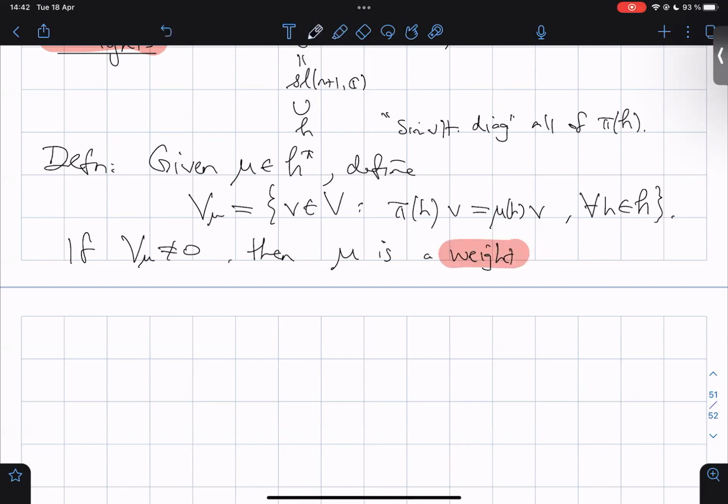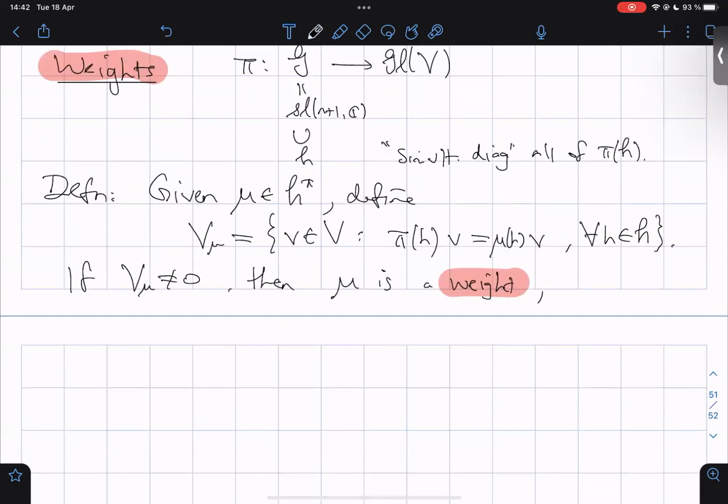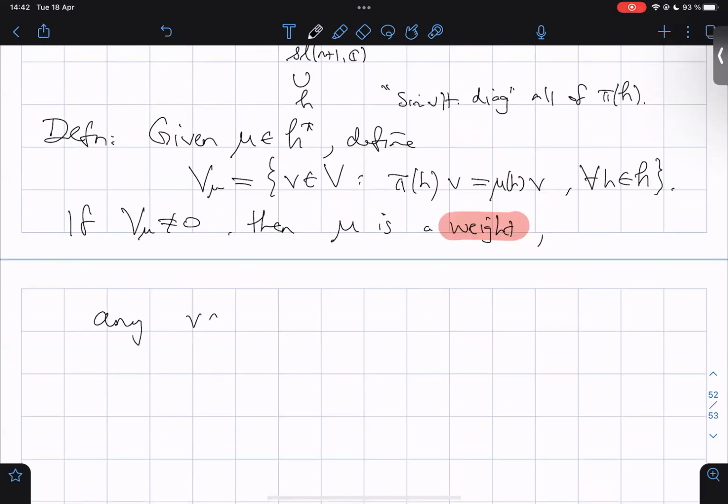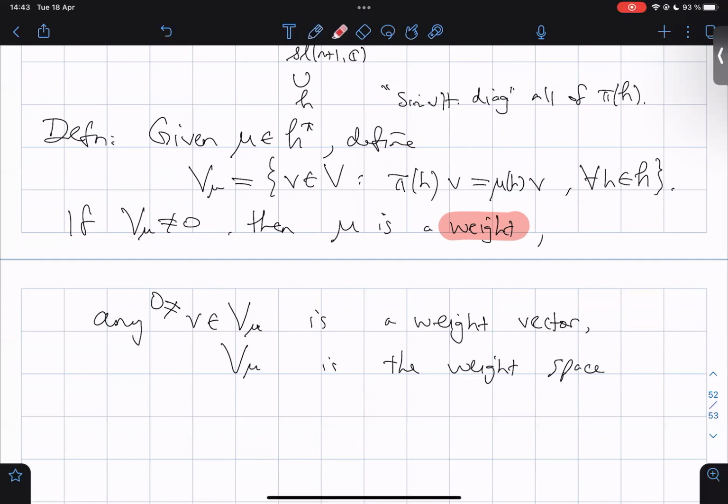And any non-zero element from V mu is a weight vector, and V mu is the weight space.